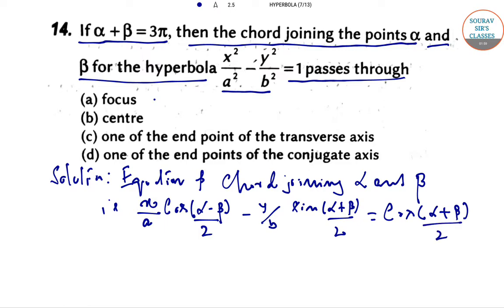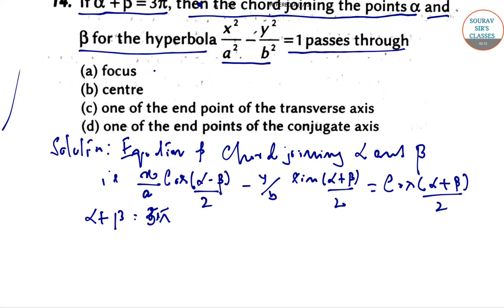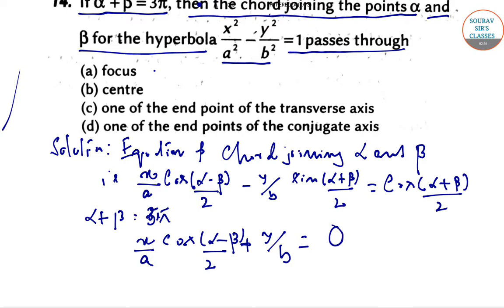Now you see that it's already given that alpha plus beta is equal to 3 pi. So if I put alpha plus beta equal to 3 pi, it will become x by a cos alpha minus beta by 2 minus y by b, sin 3 pi by 2, which is minus 1, so that becomes plus y by b, and the right side becomes 0, because cos of 3 pi by 2 is always 0.